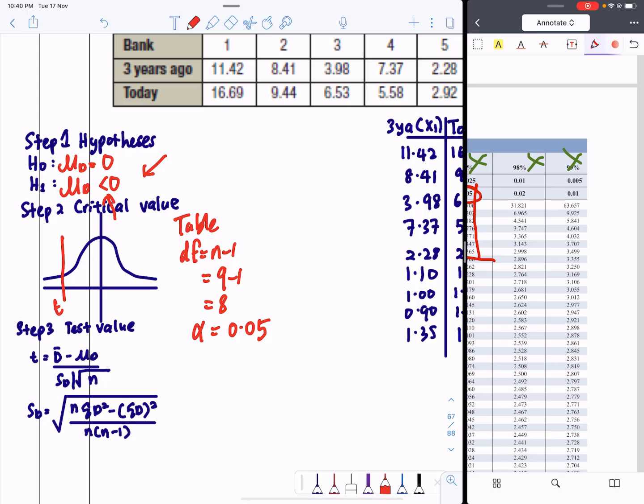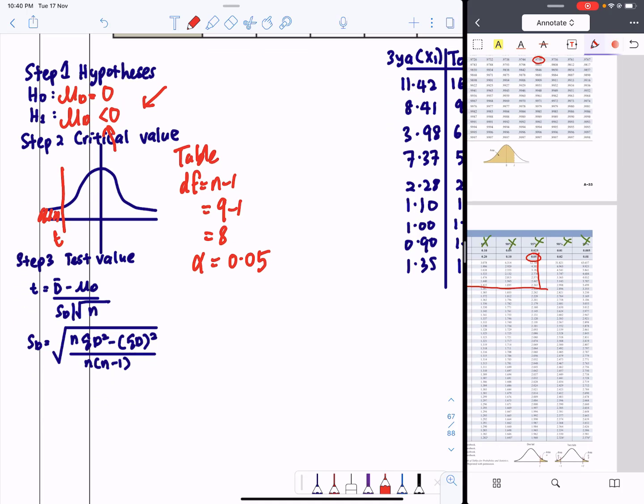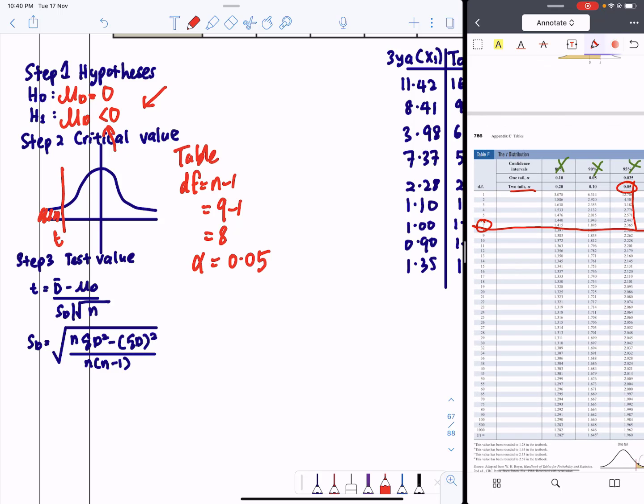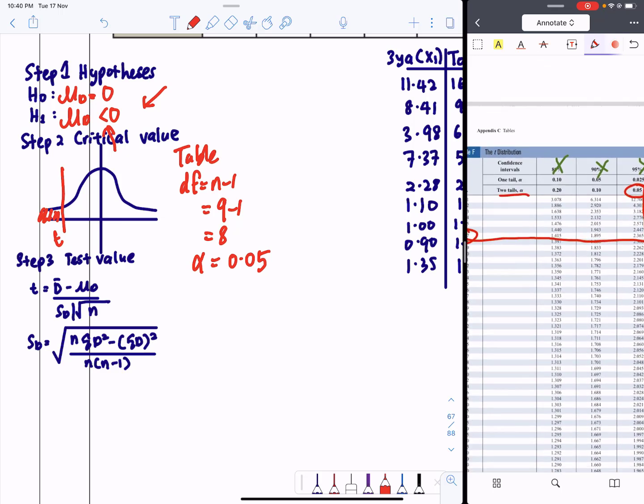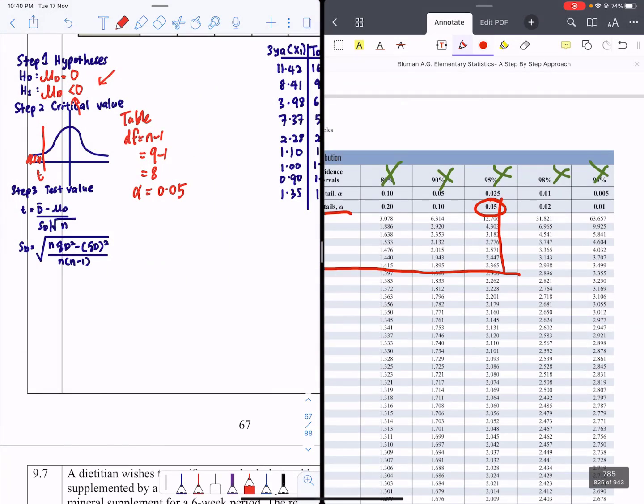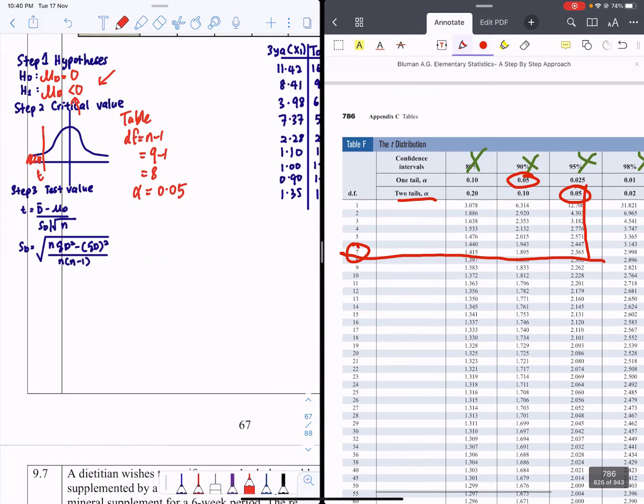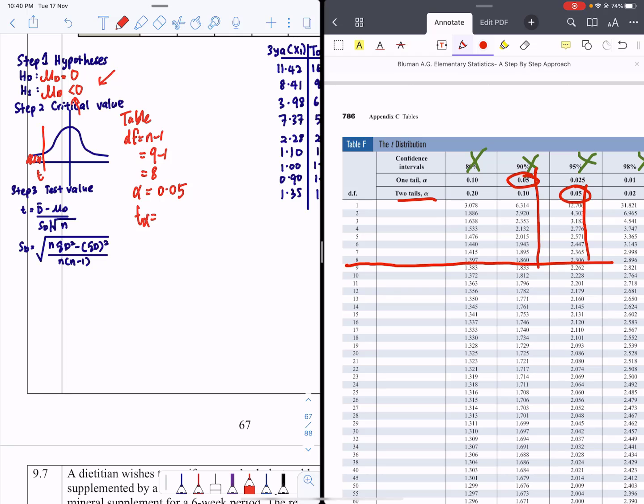This one T. What is the value? This one tail 0.05. The T alpha is 1.86.